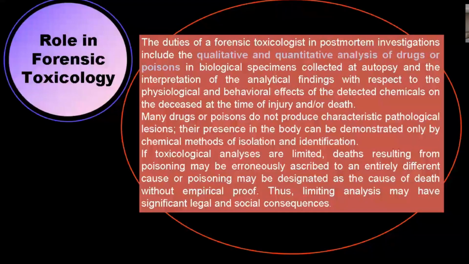In case of our postmortem examinations, we are doing qualitative and quantitative analysis. After the collection of the samples from the postmortem hall, we can see what effects it has shown. So generally, when we are going for the test, first of all, a qualitative test will be there, and a quantitative test will be there.